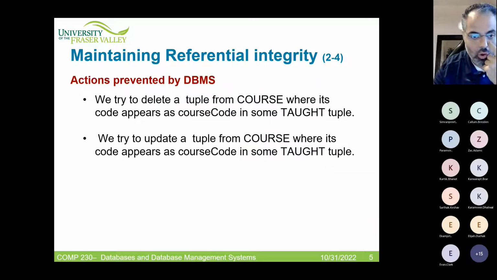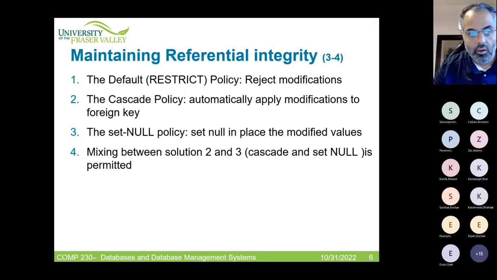So as I said, the action is prevented: if we try to delete a tuple from the course table where it appears in another table, it will be prevented. If we try to update, it will be prevented because these two attributes are related, one primary, one foreign. So the default policy is to reject modification, but this is not the case we need, because we need to make a modification.